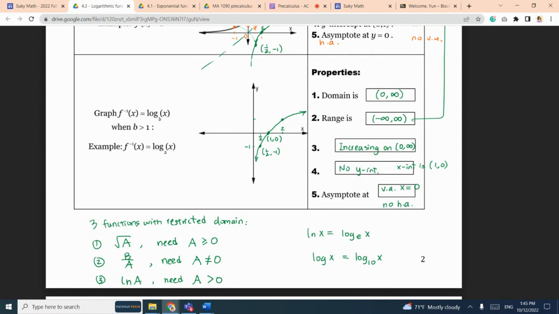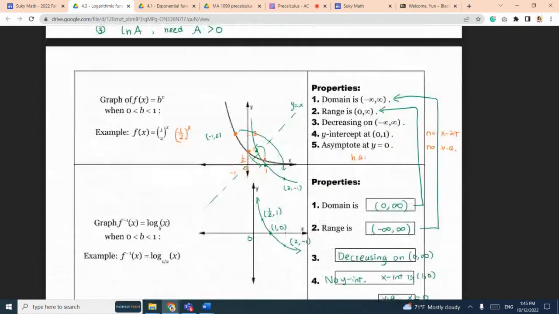So add one more function to our list. Yes, everybody? Remember ln is base e, log is base 10. So actually this is true for all the logs. So you can put log base b of a. Then we require a to be greater than 0.